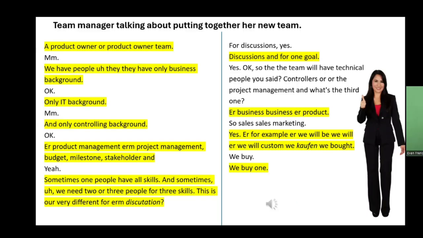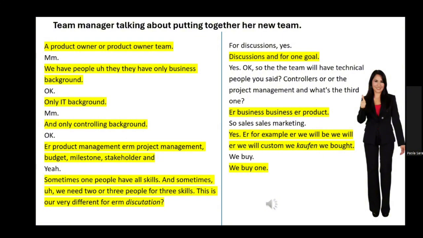Project management, budget, milestones, stakeholder, and sometimes one people have all skills, and sometimes we need 2 or 3 people for 3 skills. This is very different for discussion. For discussions, yes. For discussions and for one goal.